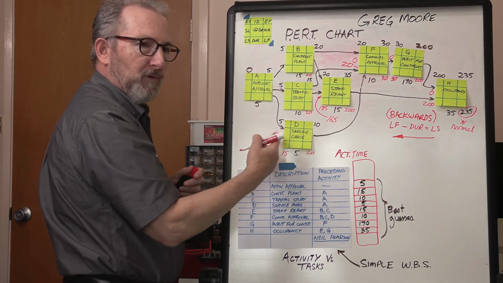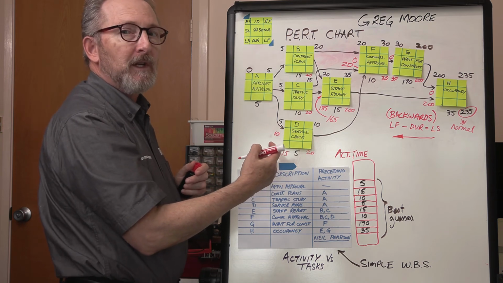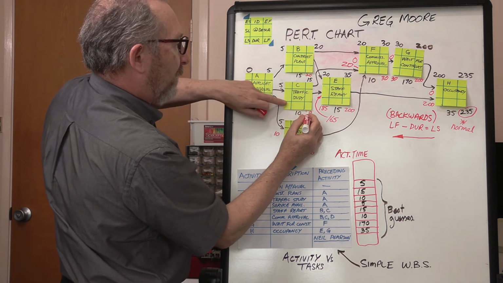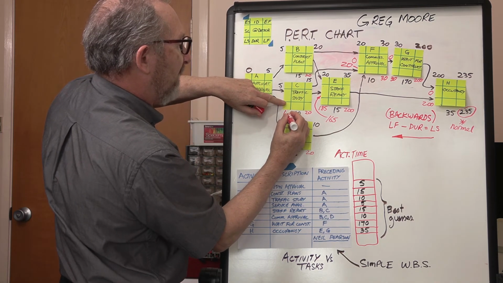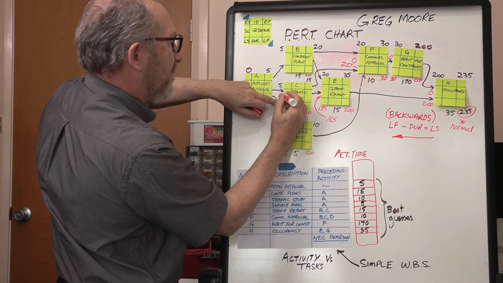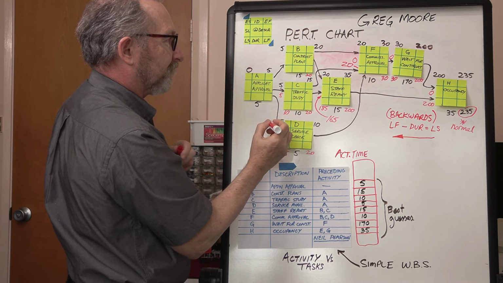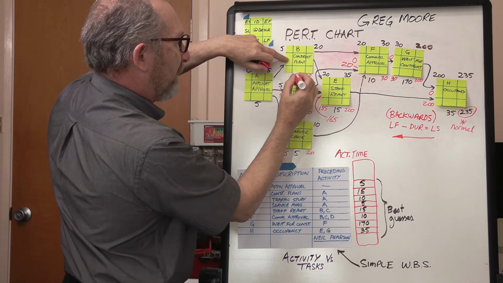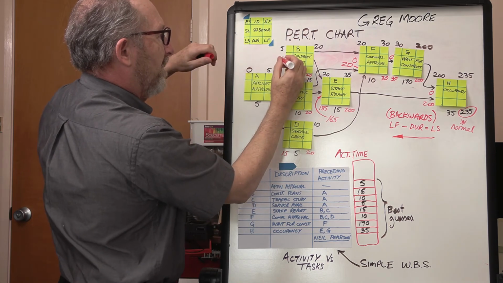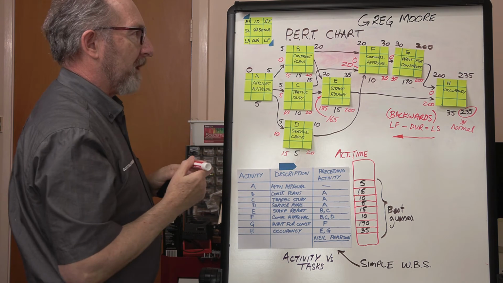I can move that around a little bit and adjust it in the overall project without making any difference to the end time for the project. 20 minus 10 is 10. 10 minus 5 is 5. I have a slack time here of 5 days. 20 minus 15 is 5. 5 minus 5 is 0. I have no slack time in this construction plans.